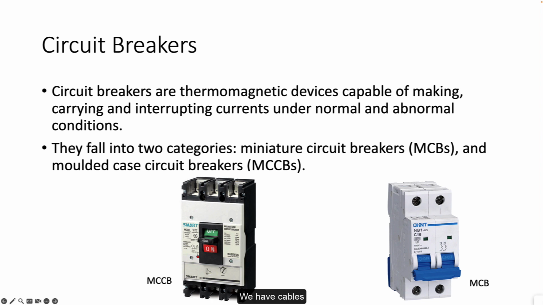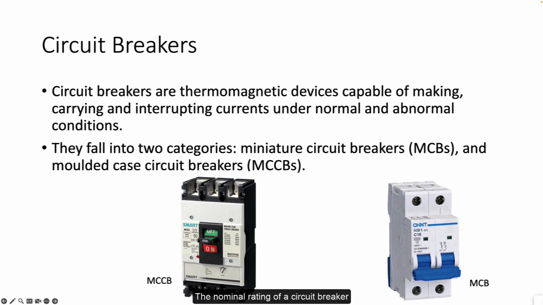Additionally, we have cables and conductors. These cables and conductors are used to transmit the electrical power and they have the capability to carry higher currents for short periods without causing permanent damage.